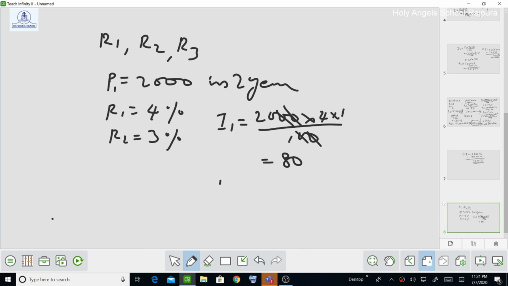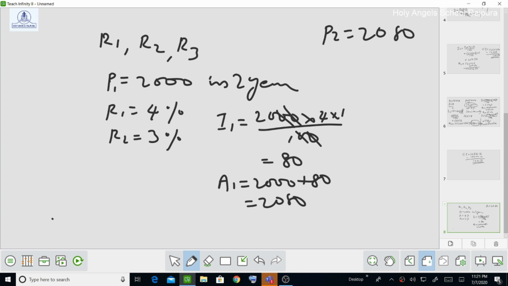Now A1, the amount after 1 year, becomes 2000 plus 80, that is 2080. That becomes the principal for the second year, P2, which is equal to 2080.